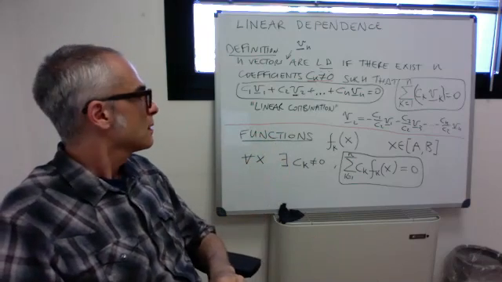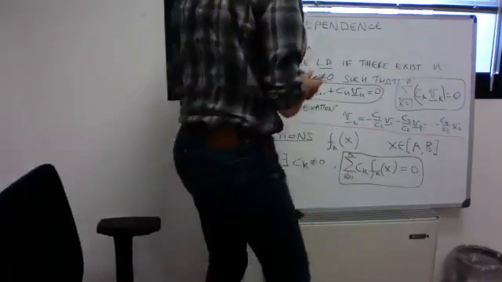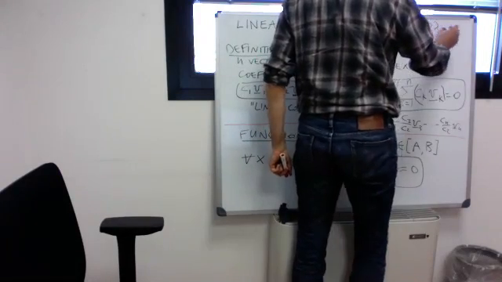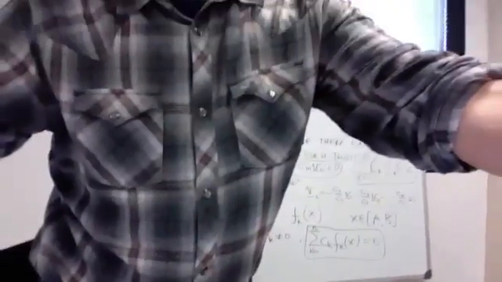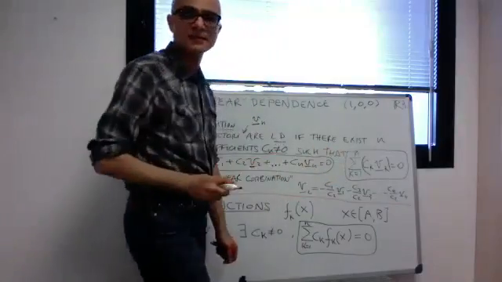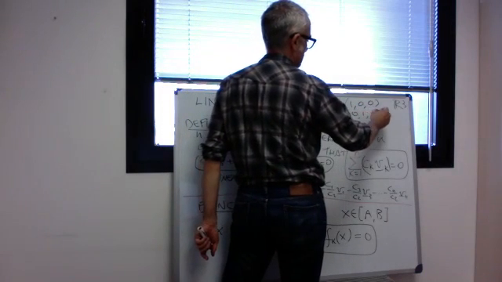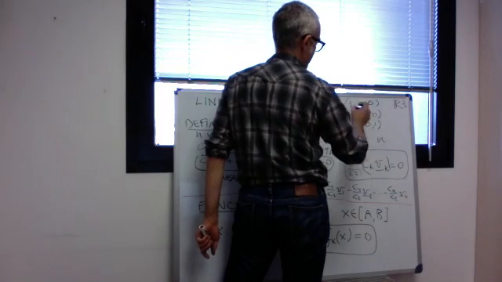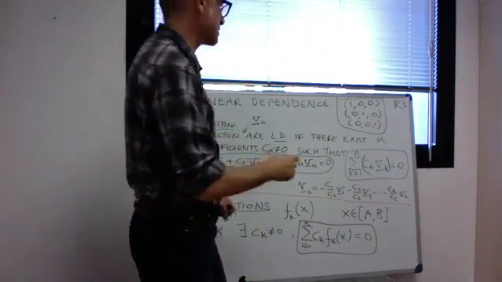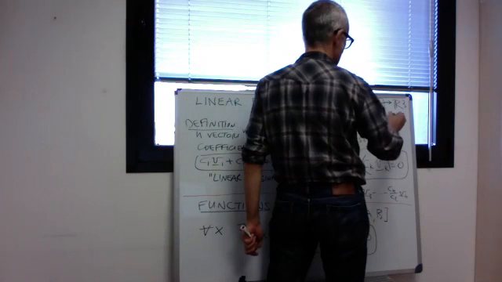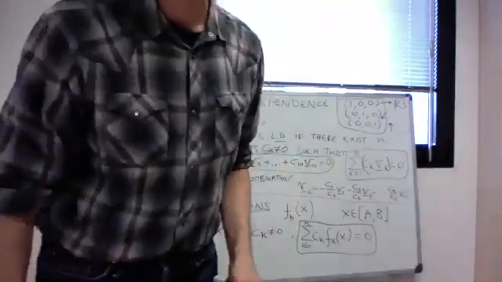For example, if we are in R3, the 3-dimensional space, you can define 3 vectors which point in the direction of the 3 axes. 1, 0, 0 points in the x direction, 0, 1, 0 points in the y direction, and 0, 0, 1 points in the vertical, the z direction.